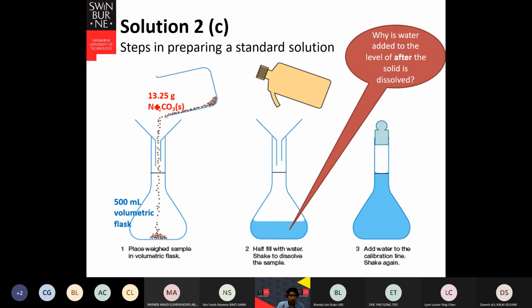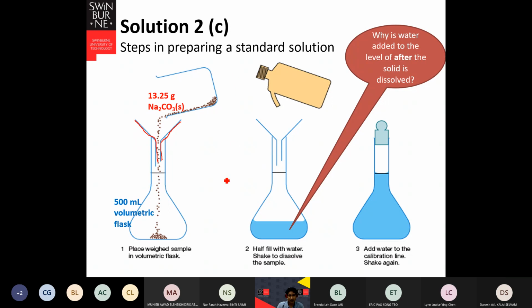I will transfer all of this from the weighing balance through the funnel, so that it does not spill outside. Slowly I will channel it through this funnel into the bottom of the volumetric flask.